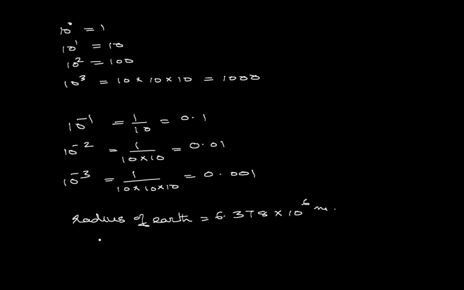Similarly, the mass of hydrogen is equal to 1.67 into 10 raised to minus 27 kilograms. In all these cases, we use the units in powers of ten to express the large quantities as well as the small quantities.